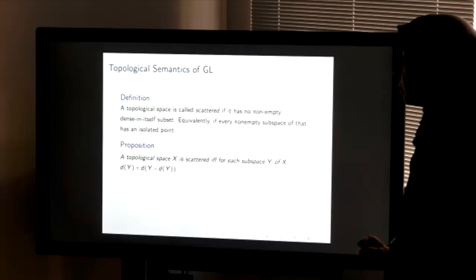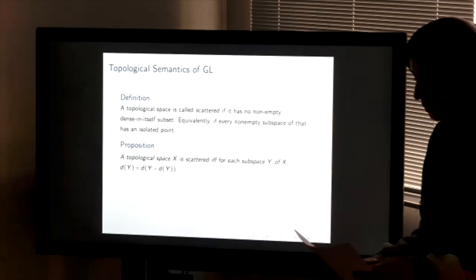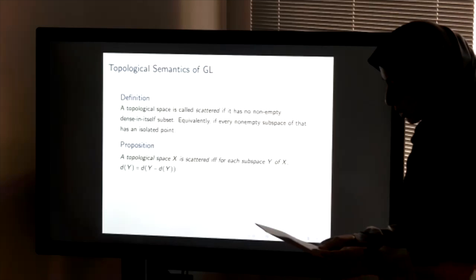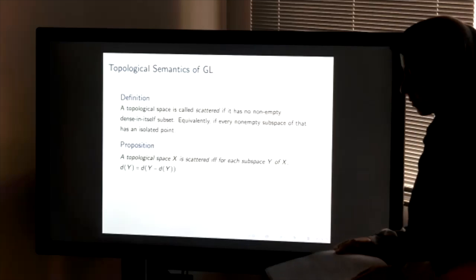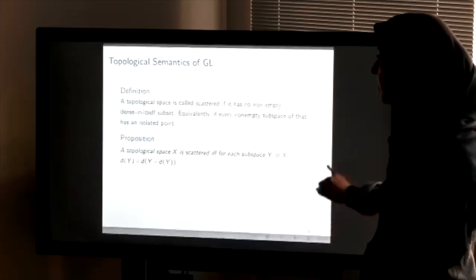We can prove that a topological space X is scattered if and only if for any subset Y of X, we have d of Y is equal to d of Y minus d of d of Y. So X is scattered if and only if for any Y a subset of X, we have this property.